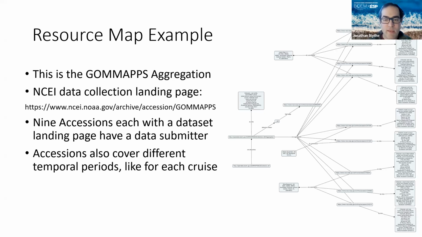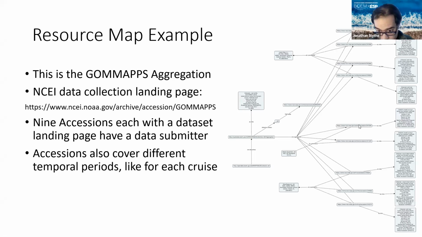And you can start seeing things right away. I don't know if you can see my cursor, but there are 9 accessions on the right here, and they all funnel up to this one aggregation concept, and that's defined by the title of the collection level metadata.